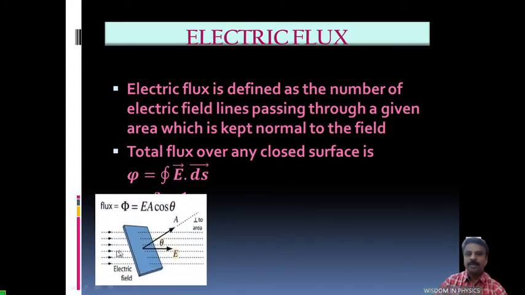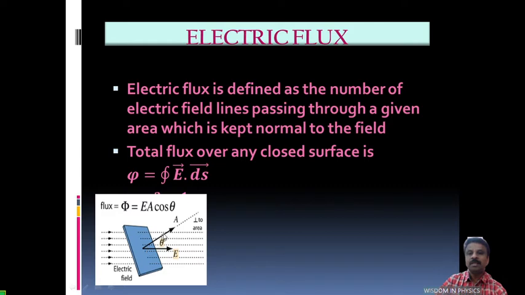So here we have the electric field, and now we have the area A. The area vector is perpendicular to the area, which is normal to the area. It makes an angle theta with the electric field. That's why we generalize: electric flux is equal to E into A into cos theta, because here the electric field is resolved into components.